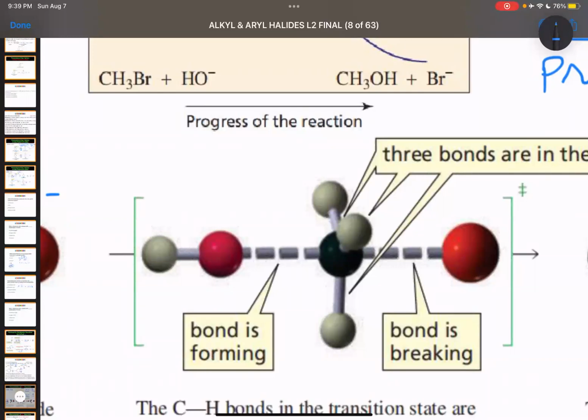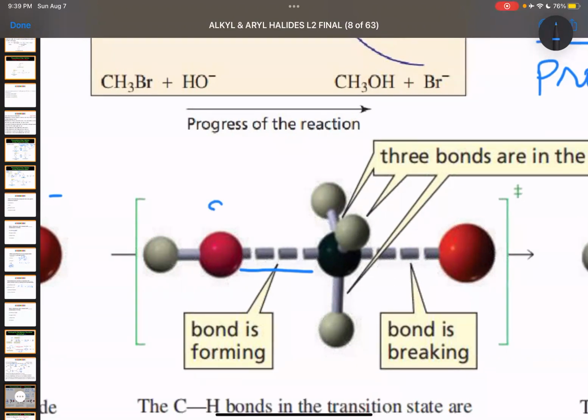So you can see over here these dotted lines. OH minus has started giving its electron pair. It has started forming a bond with the carbon. And simultaneously the Br, this is Br, again a dotted line, it is trying to take away its electrons and it is trying to come out.